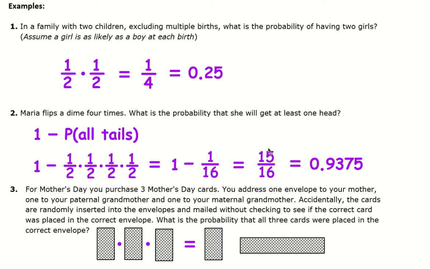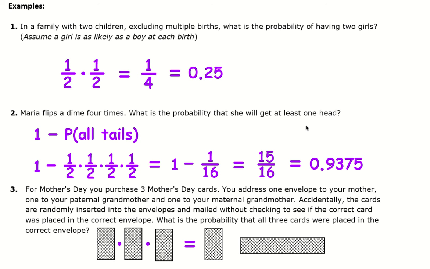Another way to think about this is the counting principle. When you flip a dime 4 times, each one can happen 2 ways. So the counting principle says that the total number of outcomes is 2 times 2 times 2 times 2, and that's the 16. And 15 out of those 16, you will get at least 1 head.